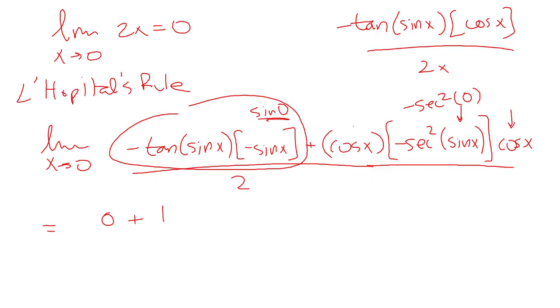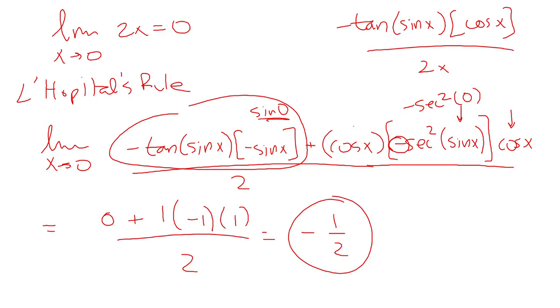Cosine of 0 is again just 1. And secant of 0 is also just 1. So really what we've got in here is 1 times negative 1 times 1, because we have that negative sign out in front, all over 2, which just gives us negative 1/2.